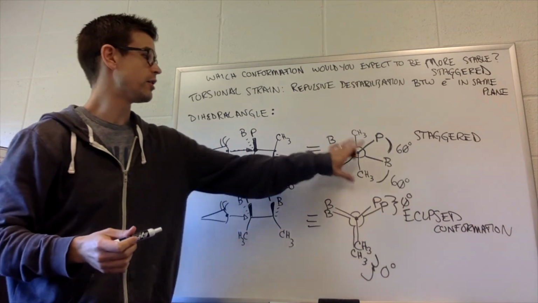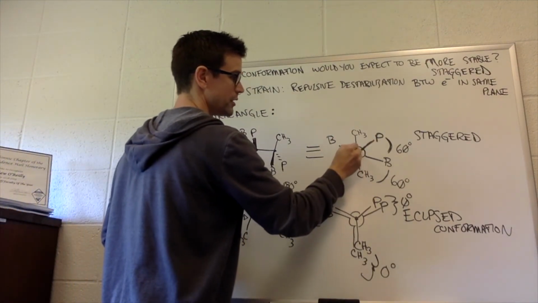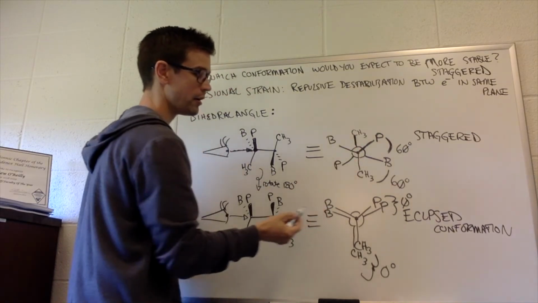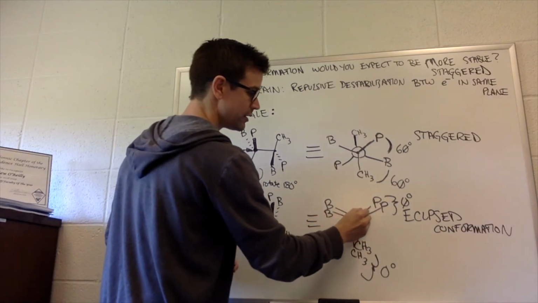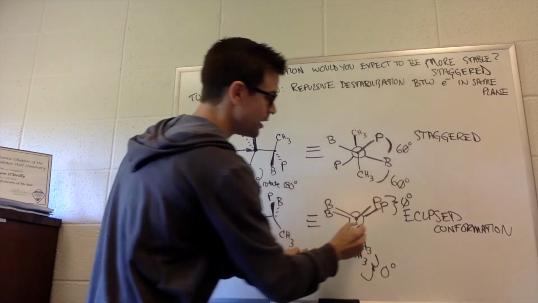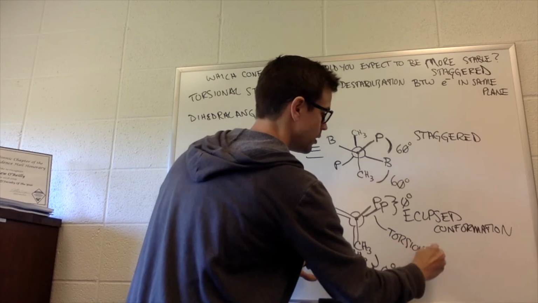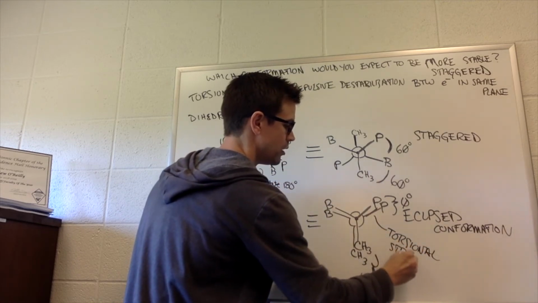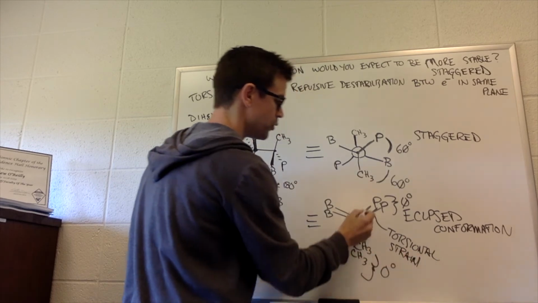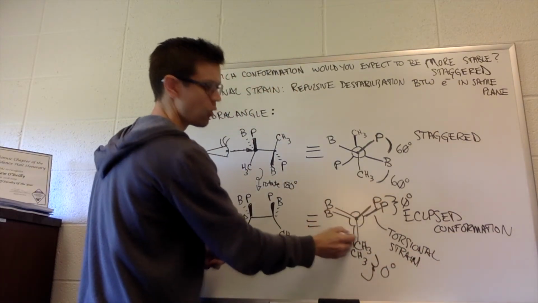So here there are no electrons in the same plane. The electrons in this bond are staggered from the electrons in this bond. Here, these electrons are eclipsing with these electrons, meaning they're in the same plane, meaning that there is torsional strain between the two covalent bonds here, the two covalent bonds here, and the two covalent bonds there.